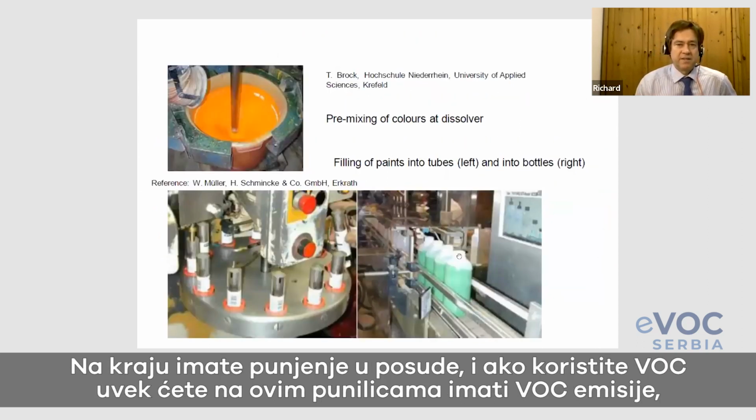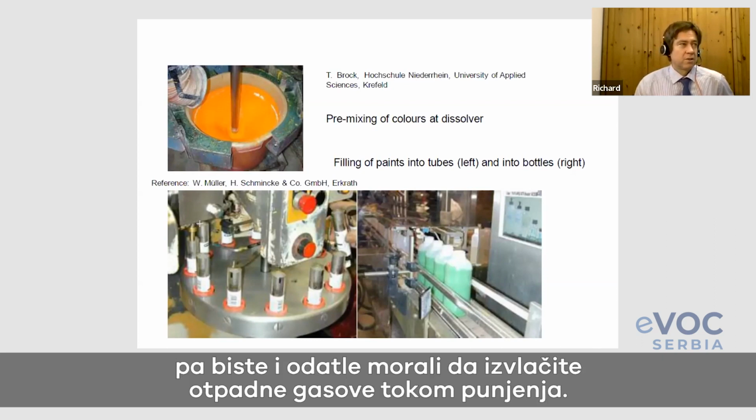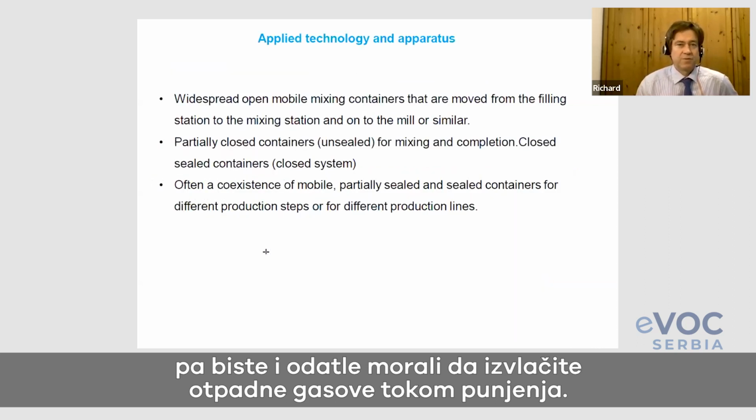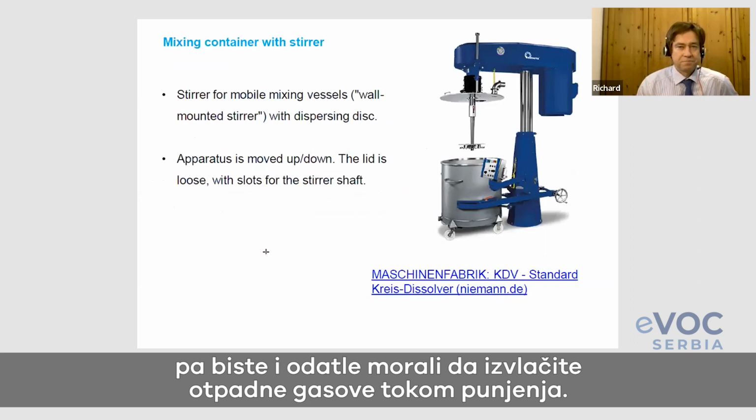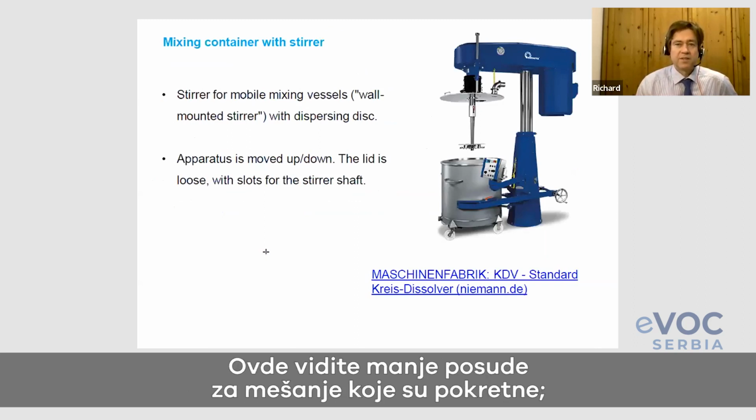Yes, and at the end, of course, you have the filling of tubes, and if you're using organic solvents at these filling lines, you will always have VOC emissions too. So normally you have to extract the VOC from this filling. Here you see some smaller mixing vessels that are mobile.